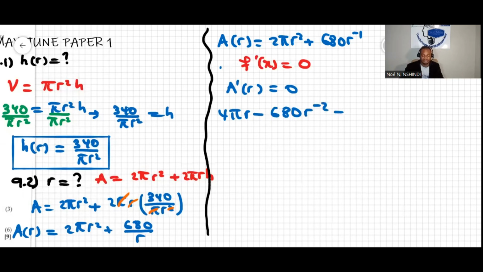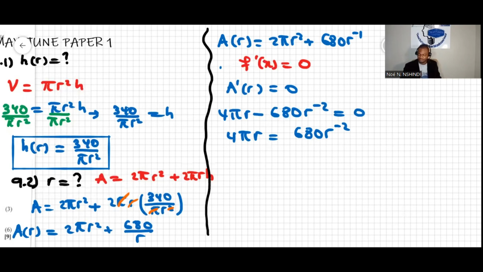Okay, and then this must be set equal to 0. If I move the 680 r to the negative 2 over, this will be 4 pi r equal to 680 r to the negative 2. Remember, it's this sign that changed, but not the sign of the exponents. The sign of the exponents will remain the same. I just move this part to the other side of the equal sign.